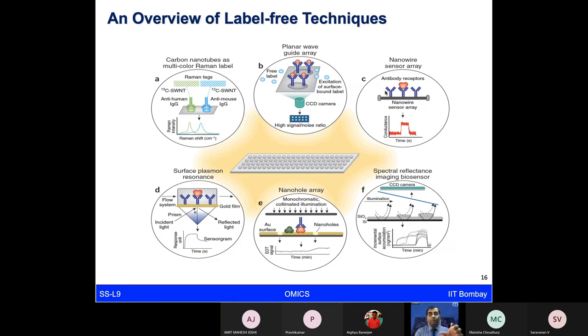Now, if this viral protein attaches to the antibody on the nanowired sensor arrays, you will see a change in the conductance because of that antigen-antibody binding. Antibodies are very specific, derived from specific epitopes of the protein of your interest. This example has not been tried out in COVID yet. Of course, that opens up an opportunity for the participants here to try something new, but the approach has been used.